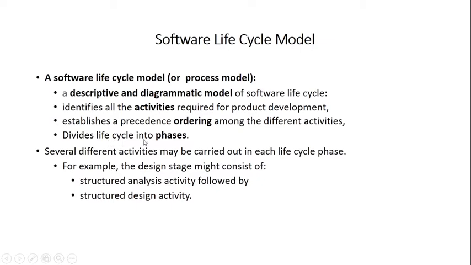Then divide the life cycle into phases. Okay, fine. Whatever activities you have identified, accordingly you have to arrange them into a particular set of phases. Now in each life cycle phase, there can be many smaller activities which could be carried out. It's not that you have identified 100 activities, so you'll make 100 phases. No. Say in a software development, we have 7 phases and all the related activities are kept under a single phase, right?